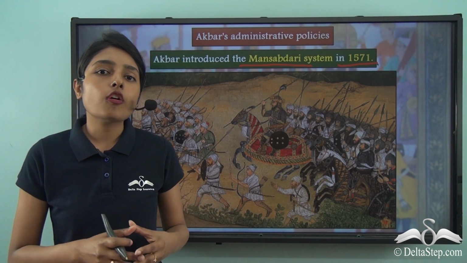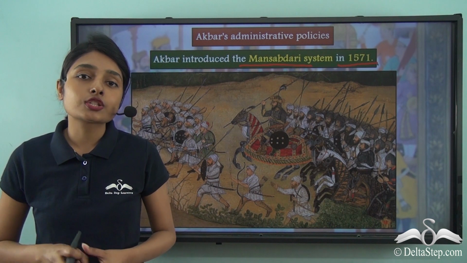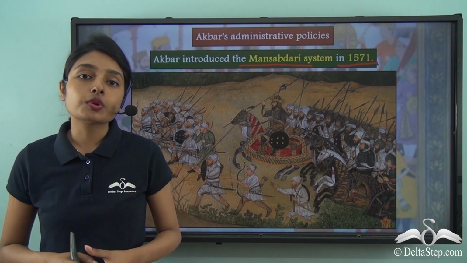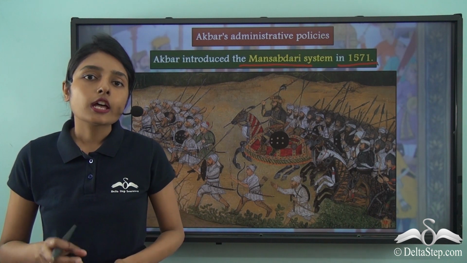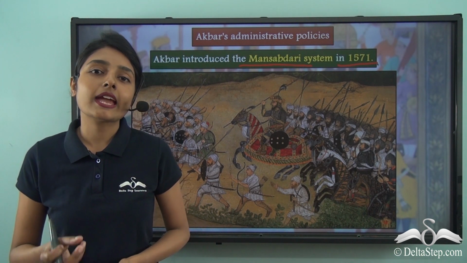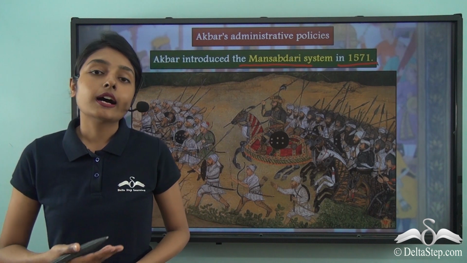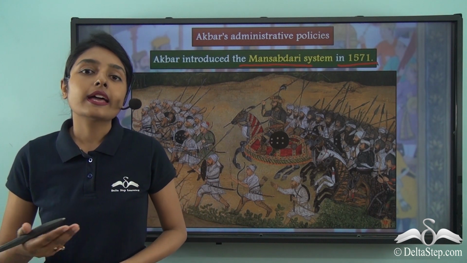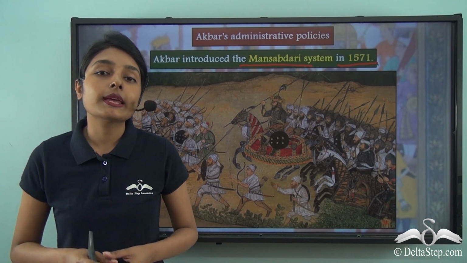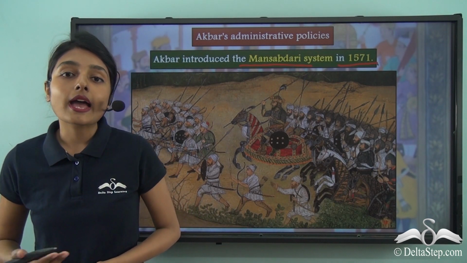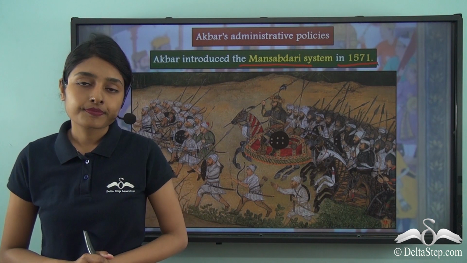And so people of different groups stayed together during Akbar's rule under the umbrella of the Mughal Empire. Now those people who held any office, be that a military office or an administrative office during the rule of the Mughal Empire came to be known as the Mansabdar.